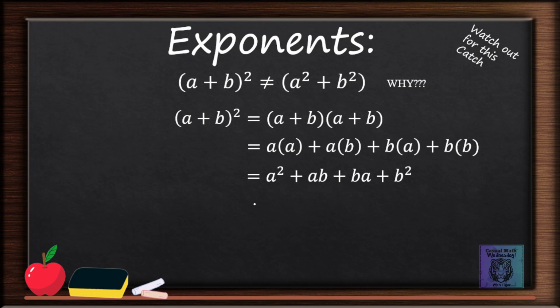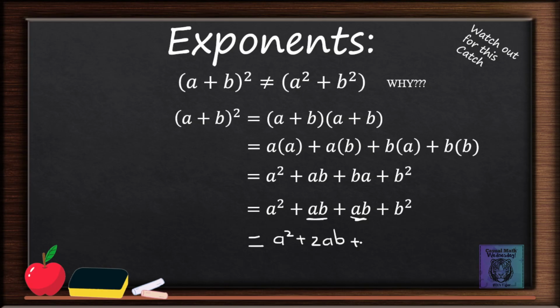Funny, that spells ABBA. Okay, a squared. These are the same terms, so let's train the eye, write them in alphabetical order. There you can easily spot that it's the same term, and it doesn't say ABBA anymore, it says ABAB. So we have a squared plus 2ab plus b squared.